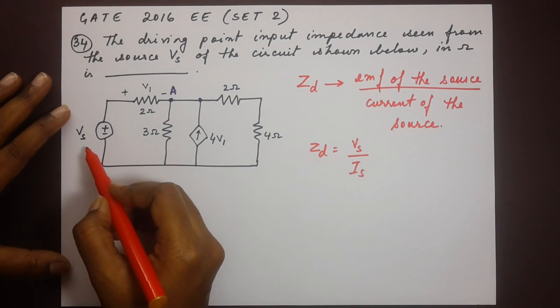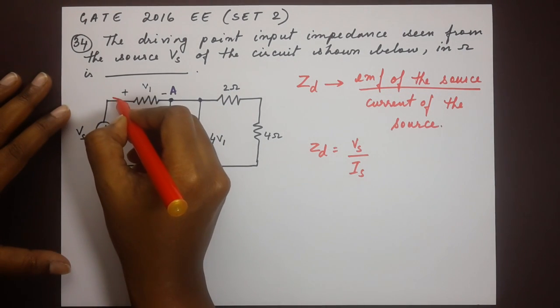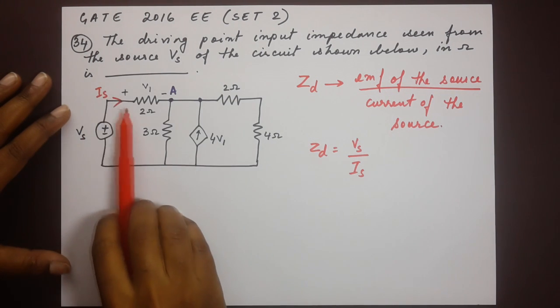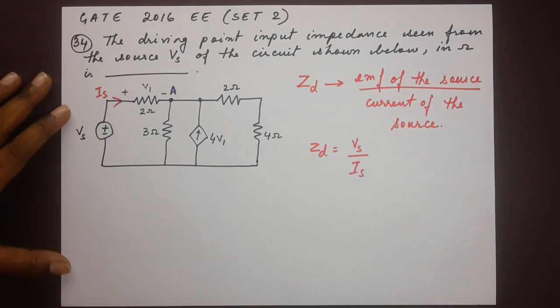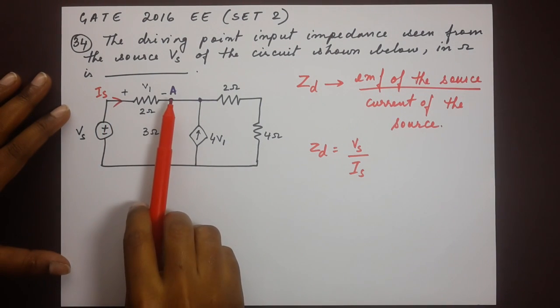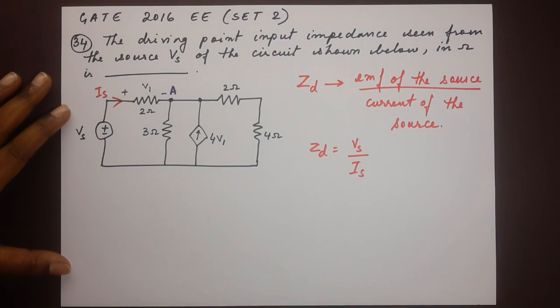Now Vs is the source voltage, and here is our Is, the current that is passing through this branch over here. So let's take the point A and try and write down the KCL. We'll apply the KCL at point A and write down the current equation and see how it goes from there.